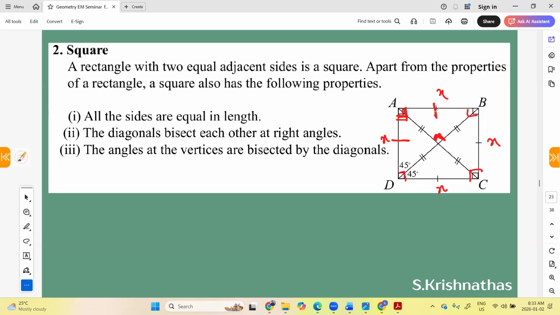What is that quadrilateral? That is a rhombus. Right? Now, the angles are bisected by the diagonals, 45, 45. Right. These are the cases. Right. Next, diagonals equal in rectangle and square.